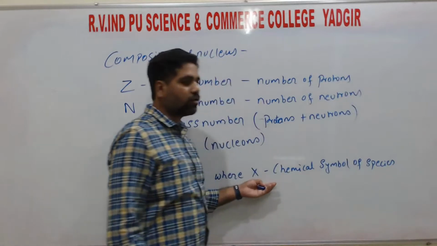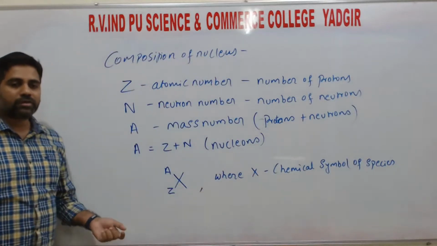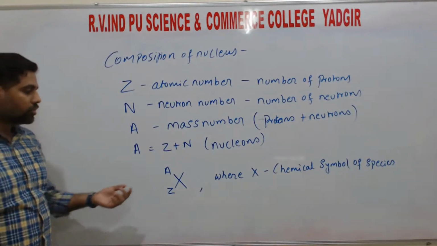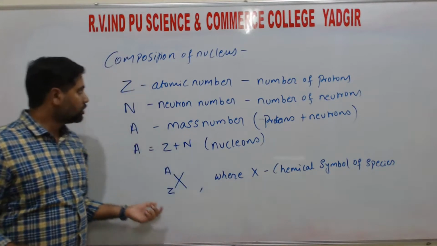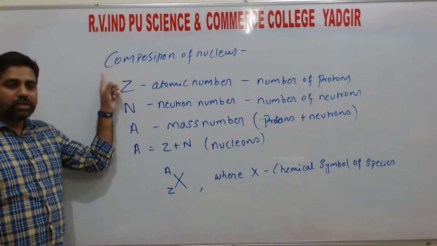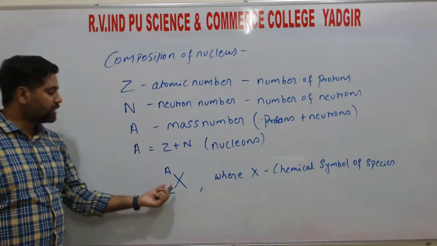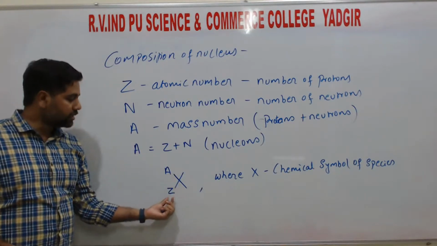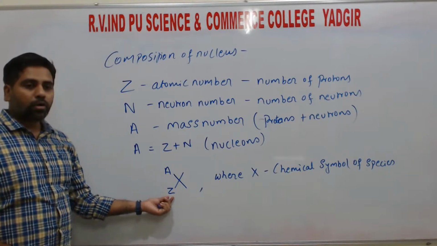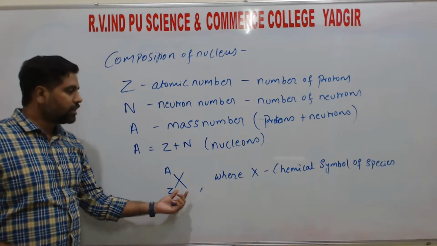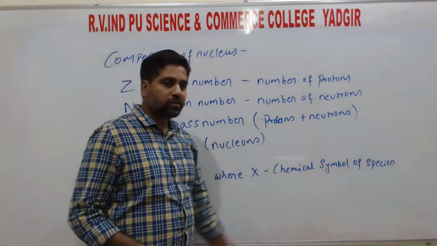It may be hydrogen, helium, oxygen, nitrogen. These are represented by the term X, right? So the composition of the nucleus can be represented symbolically as A X Z, where A is the mass number, Z is the atomic number, and X is the chemical symbol of the species, right?